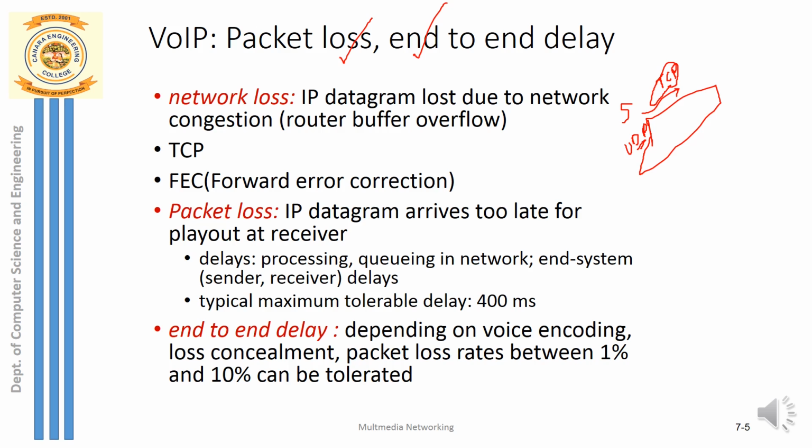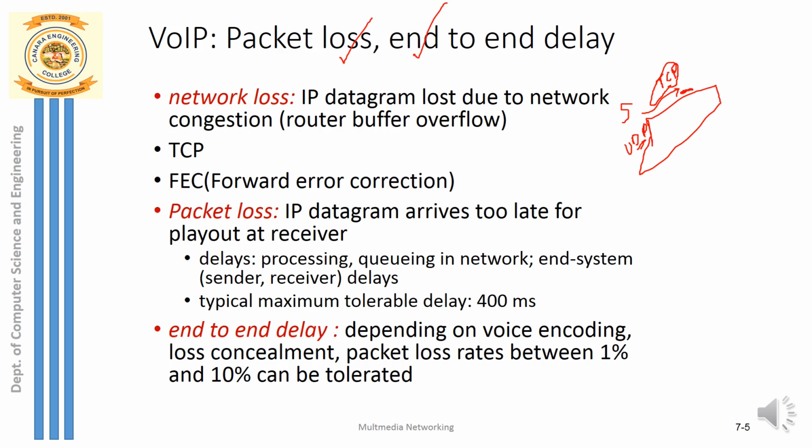But in the case of audio, if TCP retransmits the audio segment, what might happen? Because of this retransmission, there might be too many retransmitted audios plus original audios created in the network, and because of that there might be too much congestion occurring in the network.